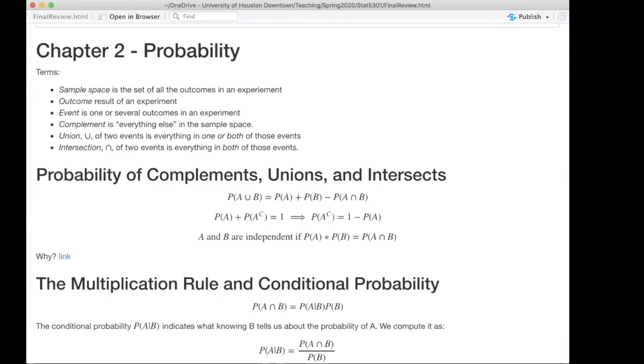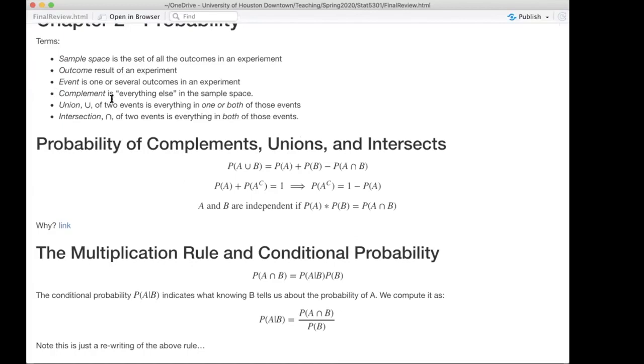Okay. So the complement, right, is everything else in the sample space, right? So the complement of an event is all of the other things that are in that sample space that aren't in that event. The union, this cup symbol, is everything in one or both of those two things, right?